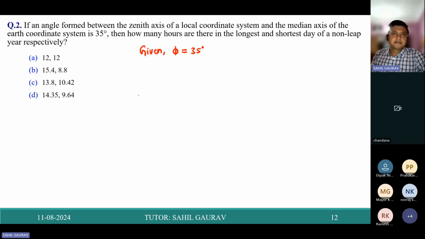The longest day, we know, happens on the summer solstice, that is on 21st June.